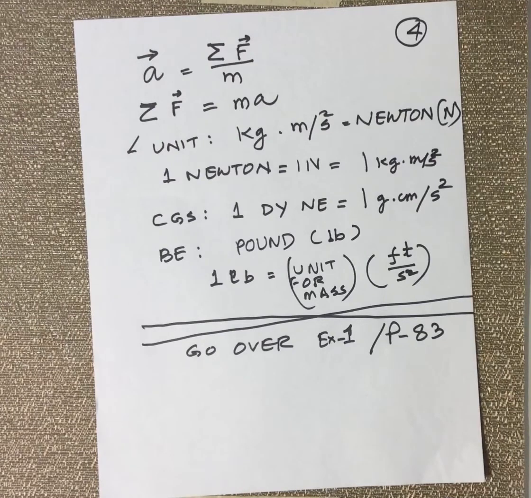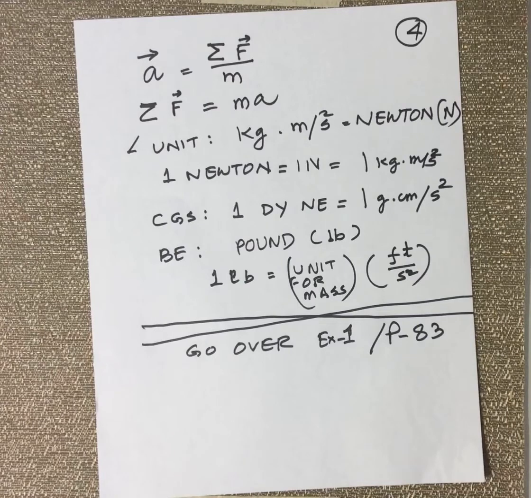The unit for force is defined to be kilogram times meters per second squared, and that is the newton. 1 newton equals 1 kilogram times meters per second squared, which is mass times acceleration.